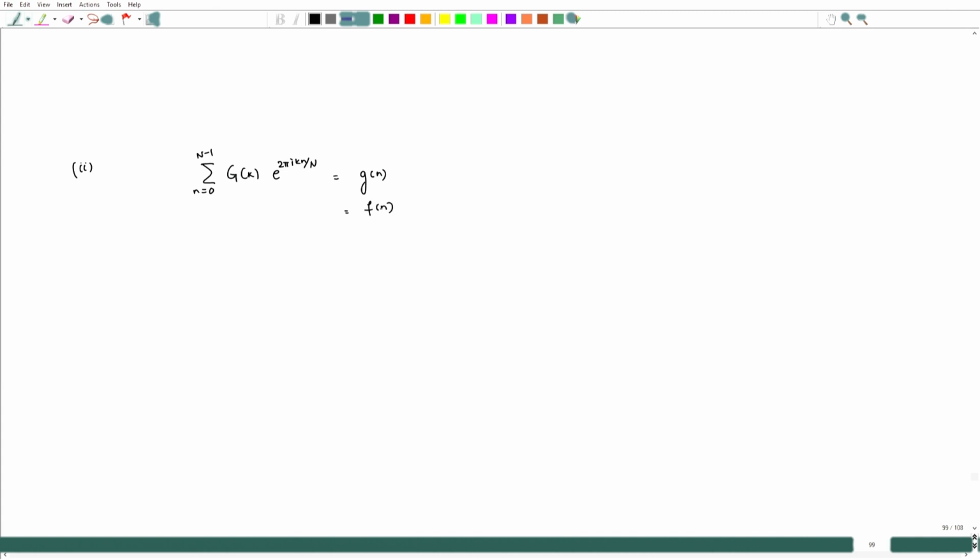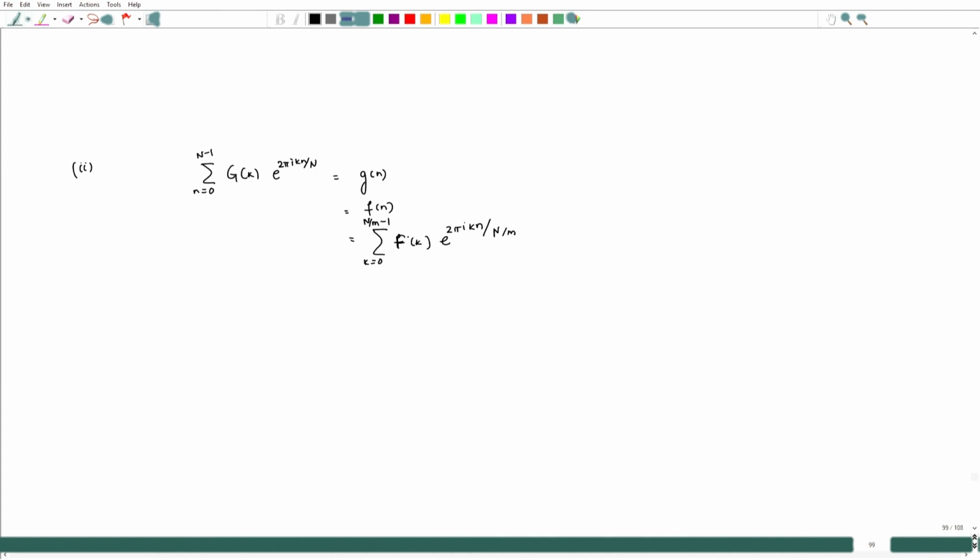If I put the Fourier inversion formula over here, this is summation over k equal to 0 to N by m minus 1 of f hat of k and e to the power 2 pi i k n divided by N by m.